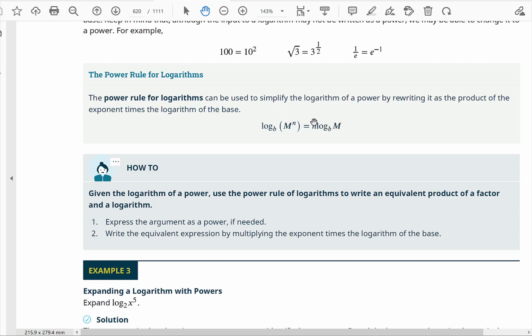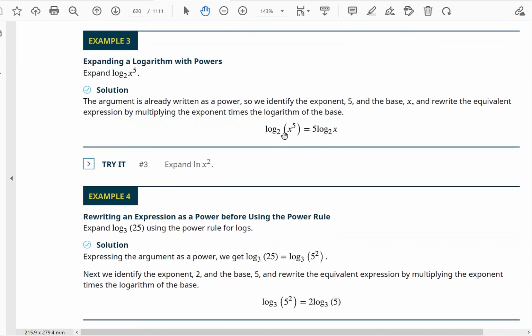This is a lot easier to calculate because you use multiplication, whereas here you have to find first the power of m. Instead of calculating the power of m to the n, you better take this n, put it down here, and multiply by the log of m. This is the power rule.